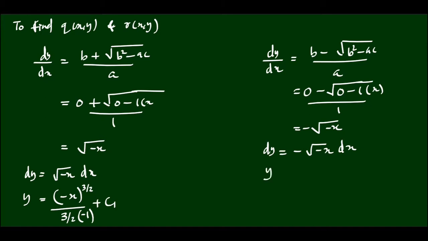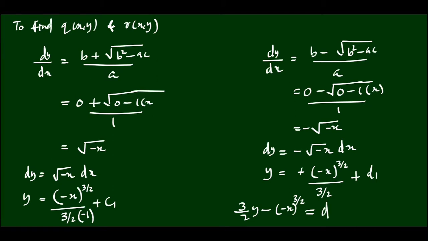Integrating both sides, we get y = −(−x)^(3/2) / (3/2 · −1) plus a constant d1. Multiplying by 3/2, we get (3/2)y = (−x)^(3/2) + (3/2)d1. Taking (−x)^(3/2) to the left side, we get (3/2)y − (−x)^(3/2) = (3/2)d1, which is also a constant, which I denote by d.